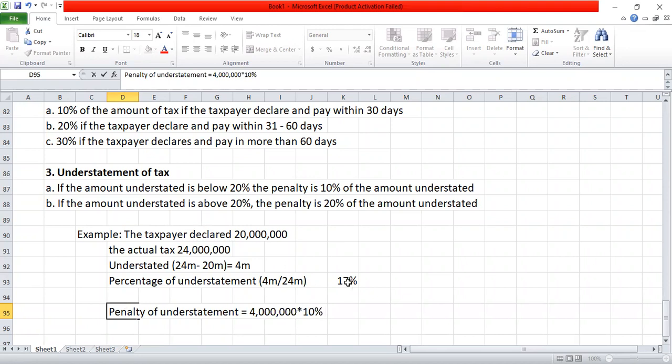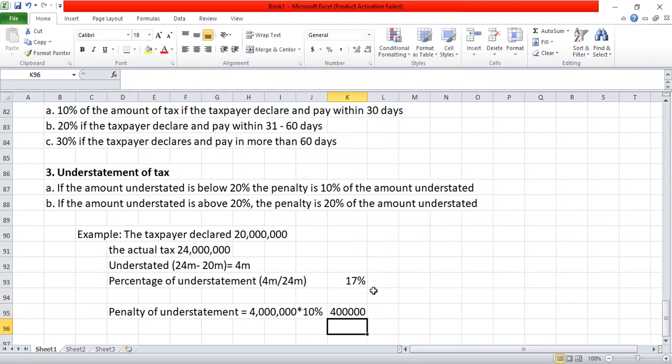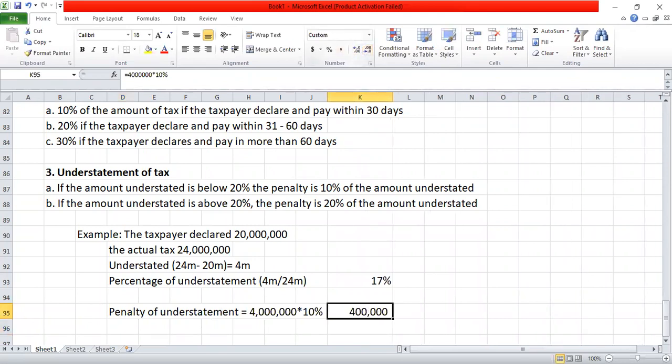So this percentage is to help you to know how much you should charge as the penalty. So that will be the penalty for understating the tax.